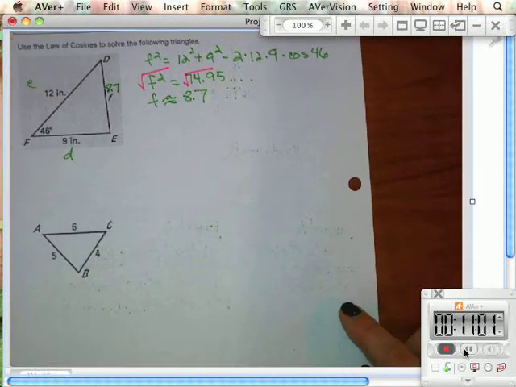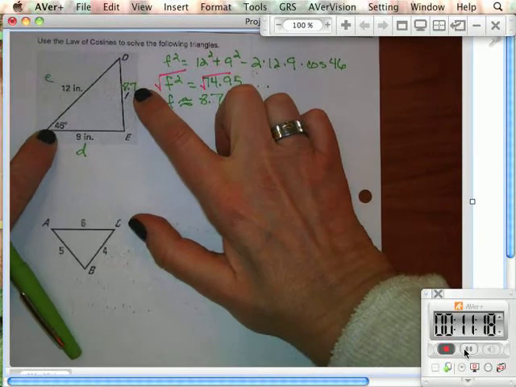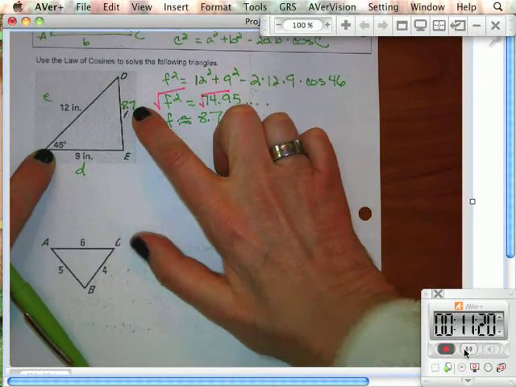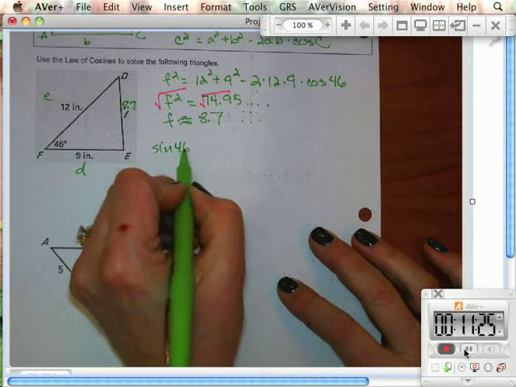Okay, now I have a question for you. We have this side now. Do you think it would be easier to use law of sines or law of cosines again to find some of the angles? I would say let's use law of sines. It's a little bit easier and quicker because we have this angle and we have this side now. So let's set up a ratio. So we have the sine of 46 degrees over 8.7.